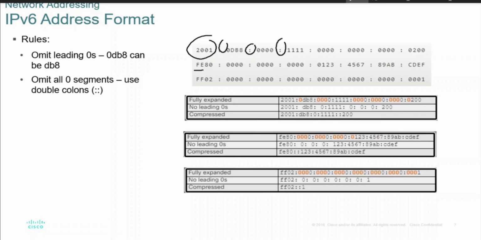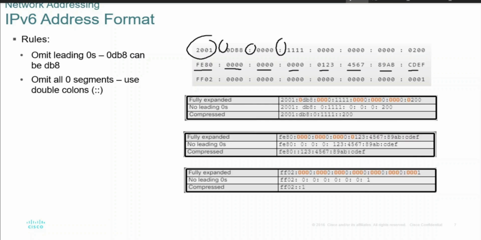So this is the first 4-digit hexadecimal number, second, third, fourth, fifth, sixth, seventh, and eighth. Eight 4-digit hexadecimal numbers separated with colons constitute an IPv6 address. IPv6 meaning Internet Protocol version 6.